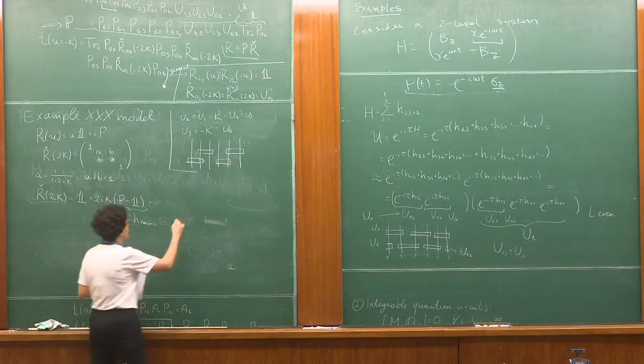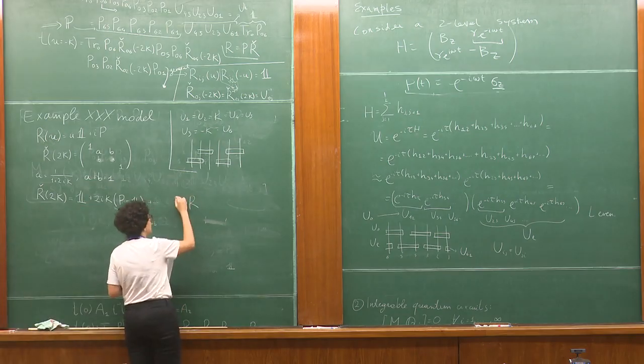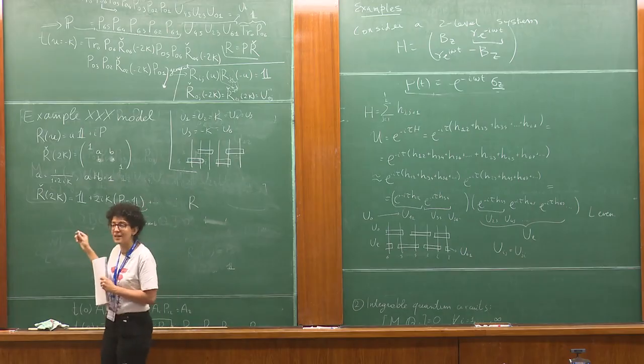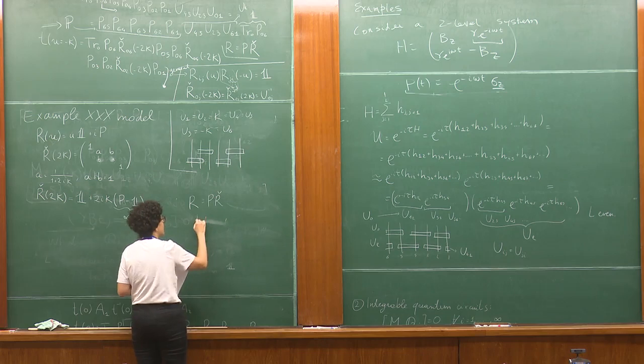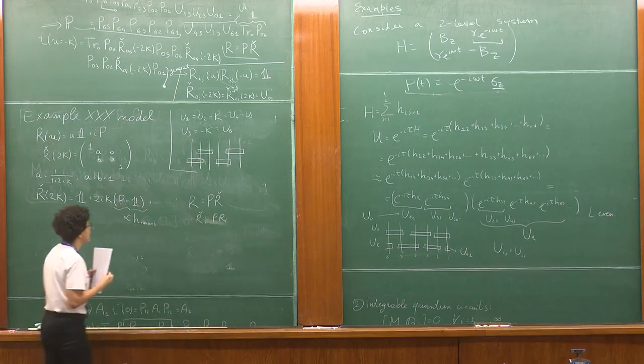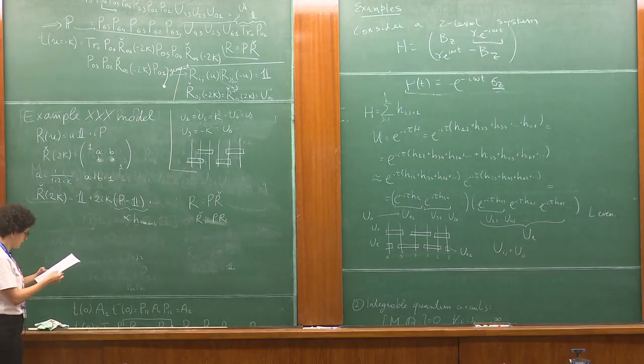So R and R check: R is just a P times R check, or R check is a P times R. Yes, okay.